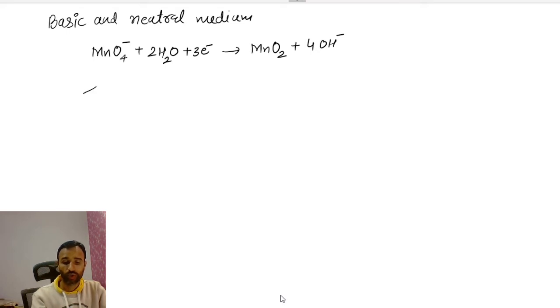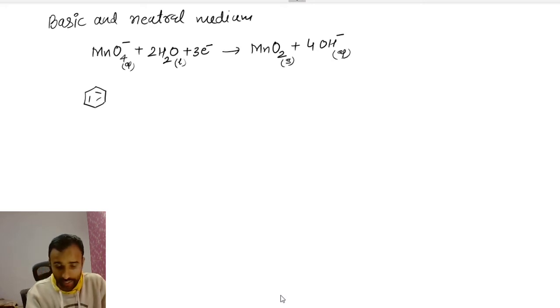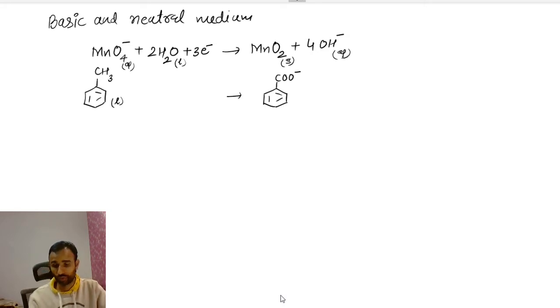Now toluene, again same, aqueous, liquid, and MnO2 solid, aqueous. Then in basic medium, toluene is converted into, instead of benzoic acid, benzoate ion. We get benzoate ion. Now balance it.